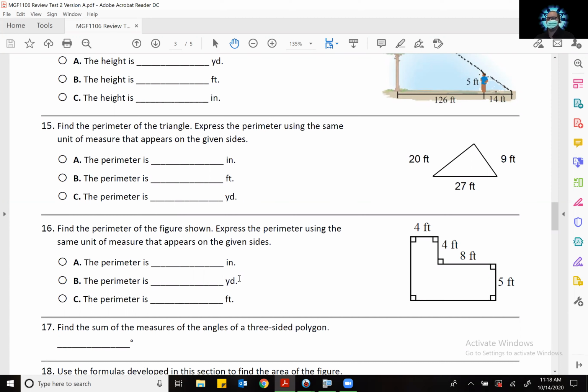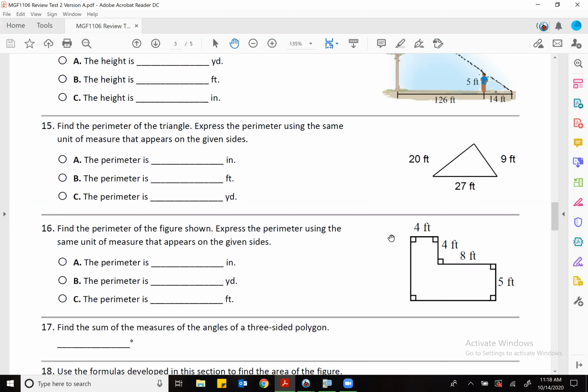Okay? So 10-3, first thing is they give us this triangle and they say find the perimeter. What does perimeter mean? Well, the measure of all the sides. Yeah, you add up all the sides. What is our label in the end of this going to be?